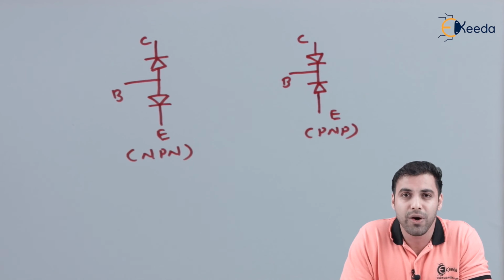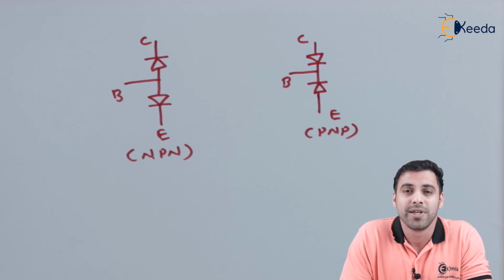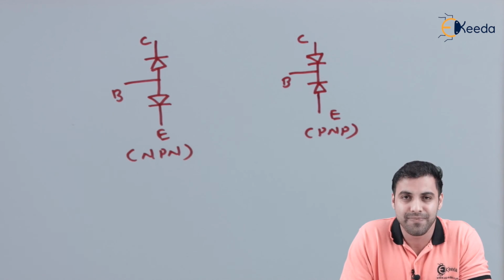Number one, because of the presence of the N minus layer. Number two, because of the heavily doped N plus and P plus semiconductor. And number three, the thicker space charge region.